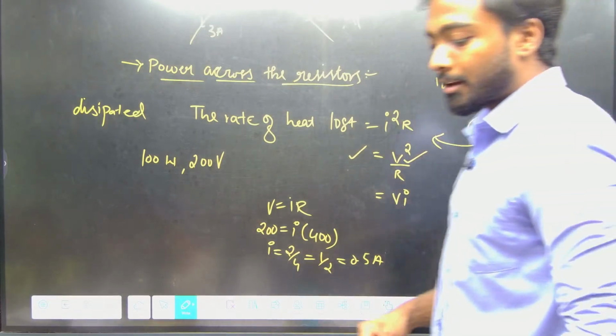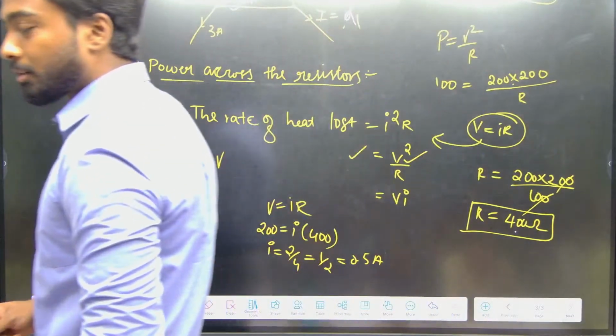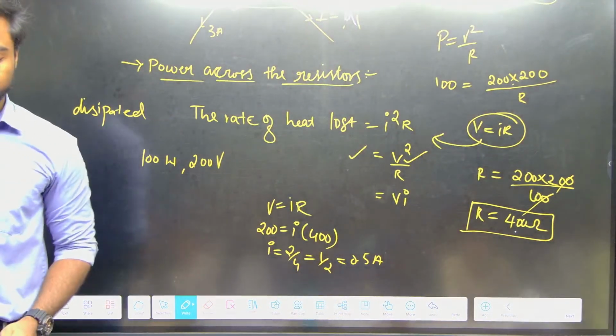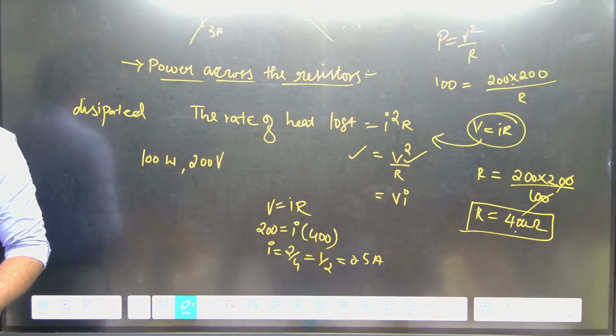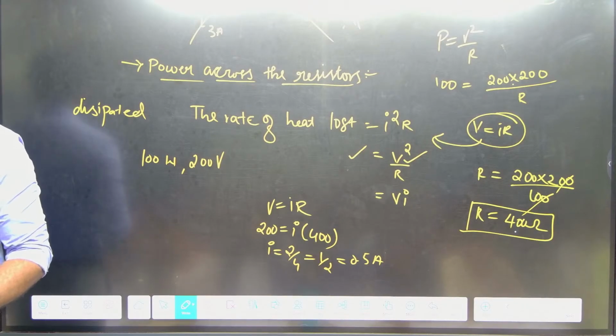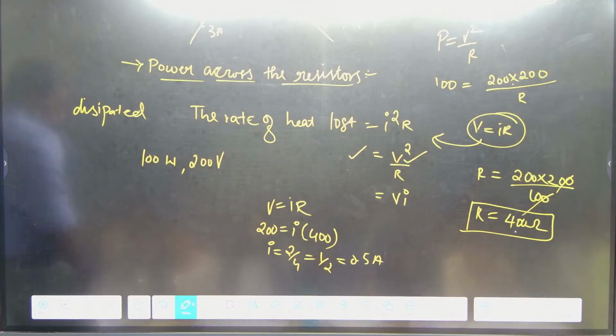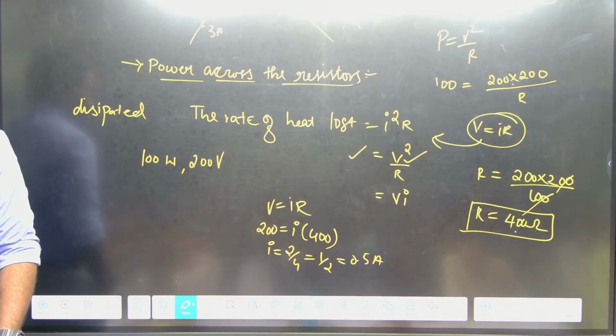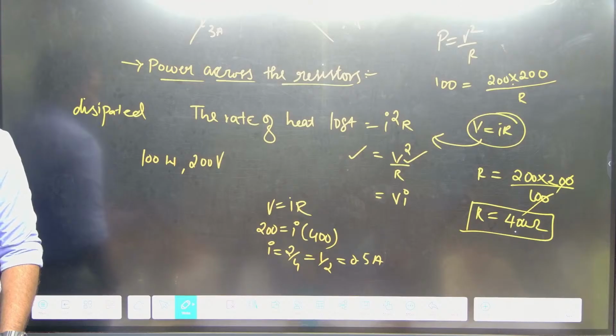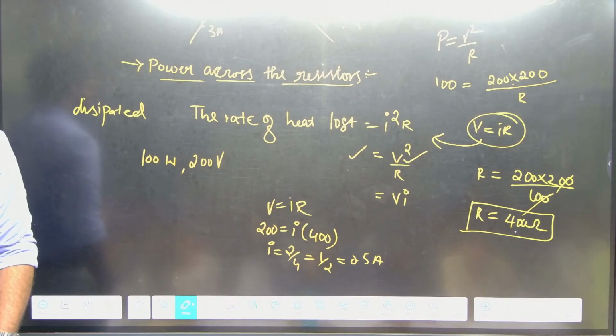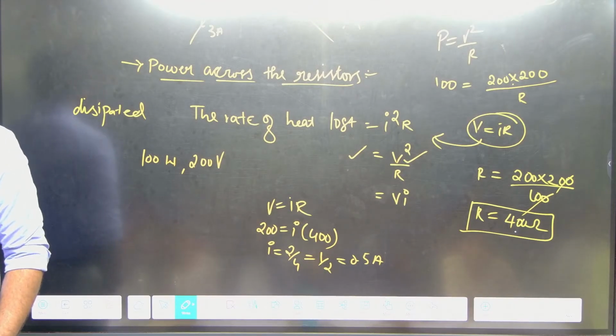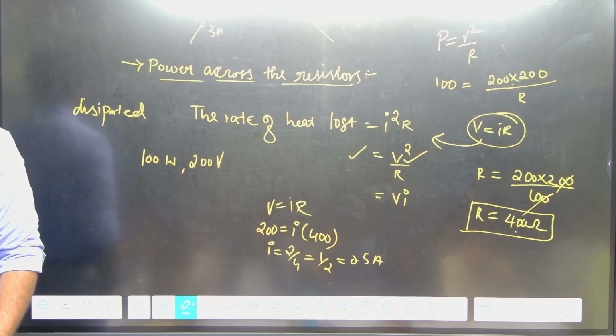If you have completed, I will tell one more part of this question and try to do that. So the same situation, but it has been connected with 400 volt.